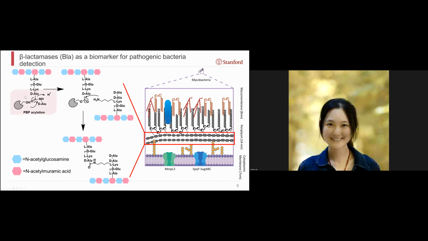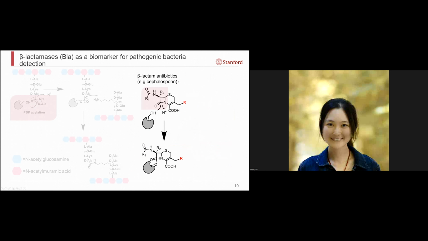So people have been mimicking the structure of this peptide by designing an antibiotic called beta-lactam. This type of antibiotic is one of the most popular antibiotics still in clinical settings. It will trick the penicillin-binding protein to attack the antibiotic instead of cross-linking the native peptide to form the bacterial cell wall.